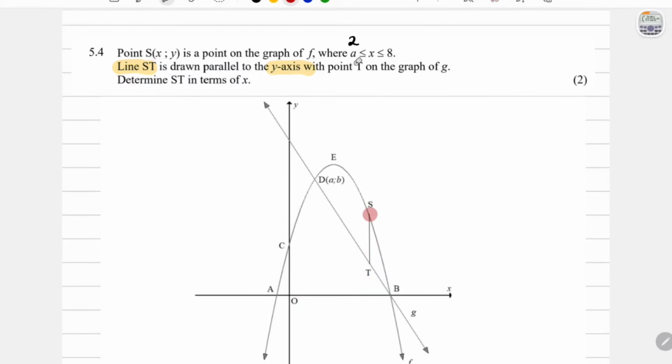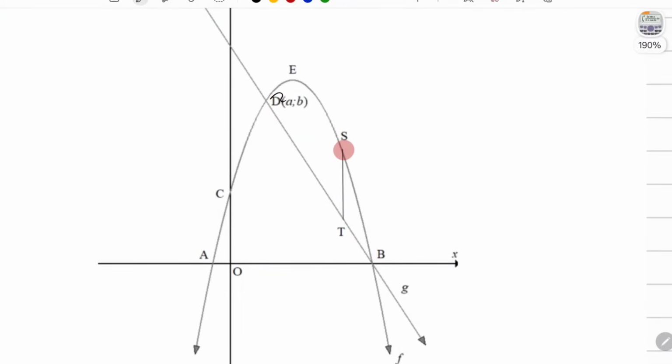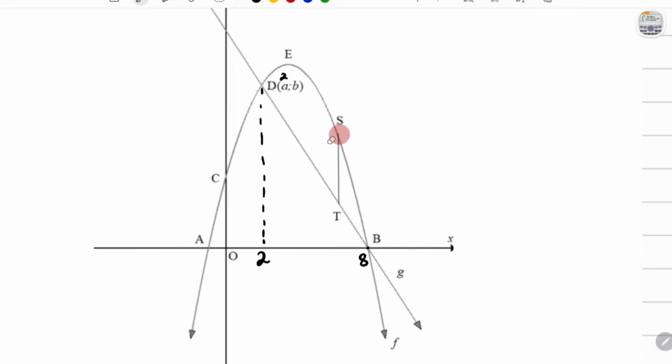And it's a point on the graph where x is greater than or equal to 2, but less than 8. As you can see, that is true because we already found the value of a to be 2, right? So that x value is over here. That is 2. And we know that this x value is 8. So indeed, that point S is sitting, its x value is sitting where x is greater than 2, but less than 8, okay? It's in between this. That's really what they're trying to tell you.